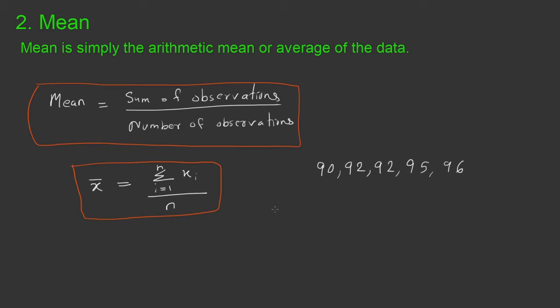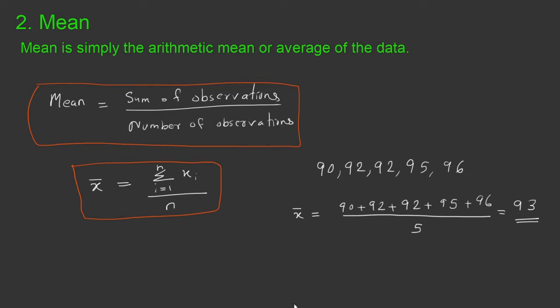Therefore, I can write x bar is equal to 90 plus 92 plus 92 plus 95 plus 96 divided by 5. That is equal to 93.